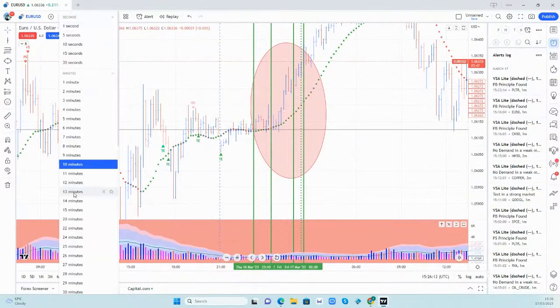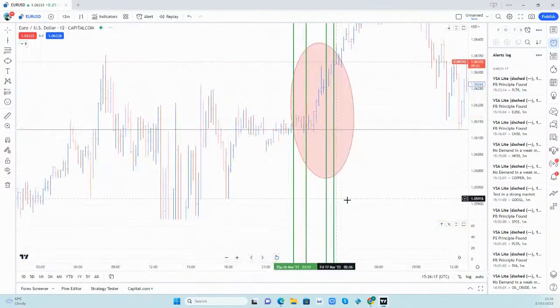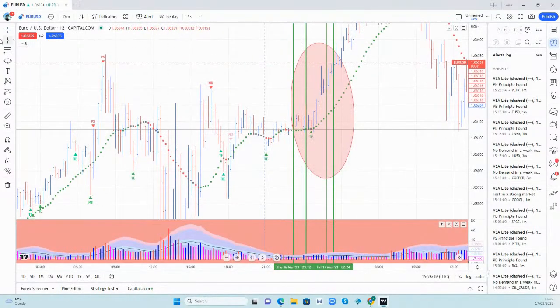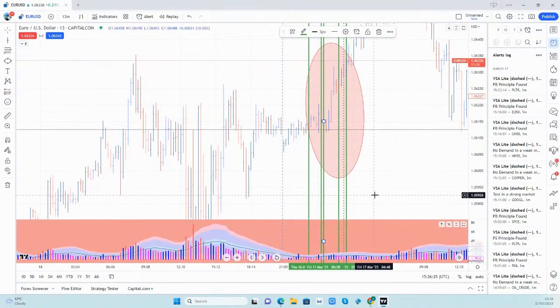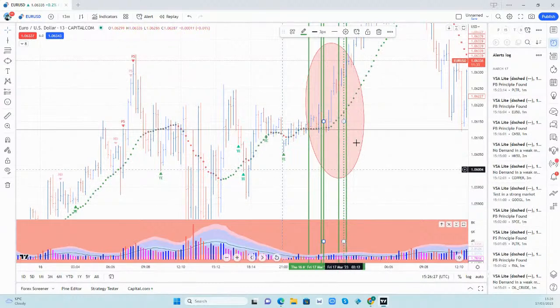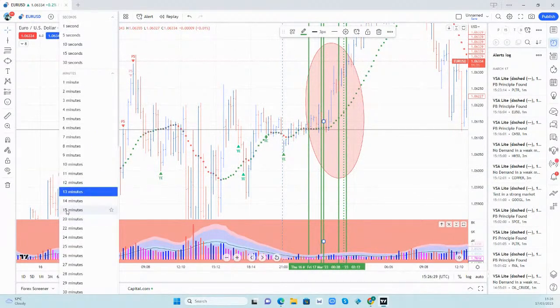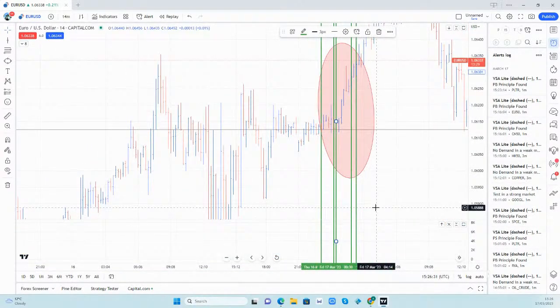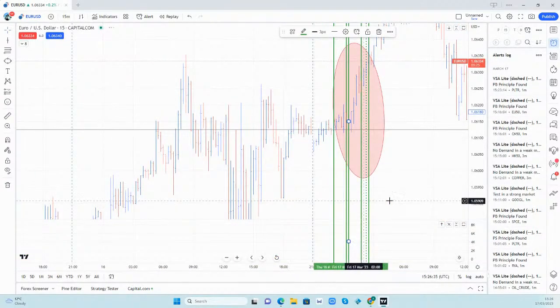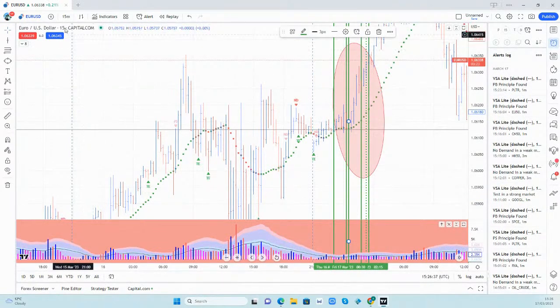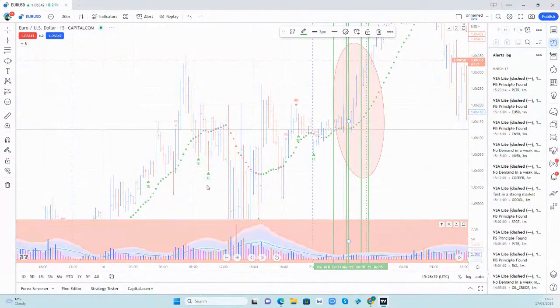Nothing there. Let's have a look at 12 minutes chart. Test. 13 minutes chart. In there. 14 minutes chart. There. Okay. 15 minutes chart. Fine. 20 minutes chart.